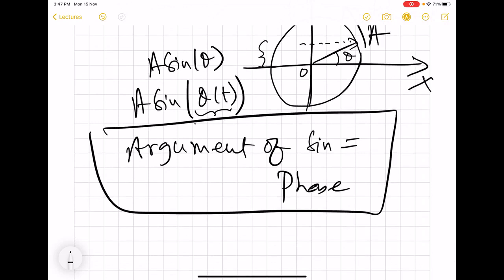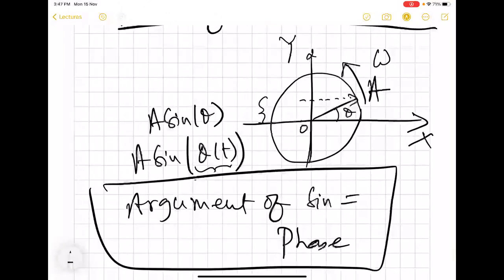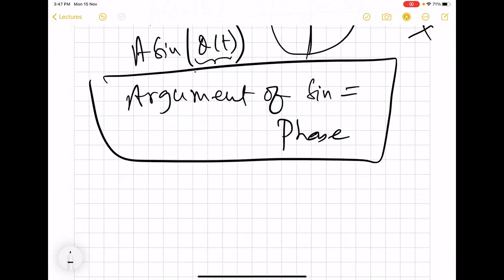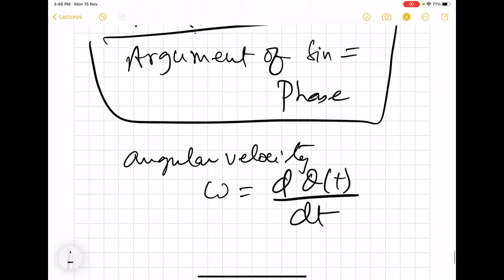We know that angular velocity omega and the angular displacement, or the phase for an electrical engineer, and angular displacement for mechanics, will be given by this equation. So angular velocity omega is the time derivative of the angular displacement or the phase.